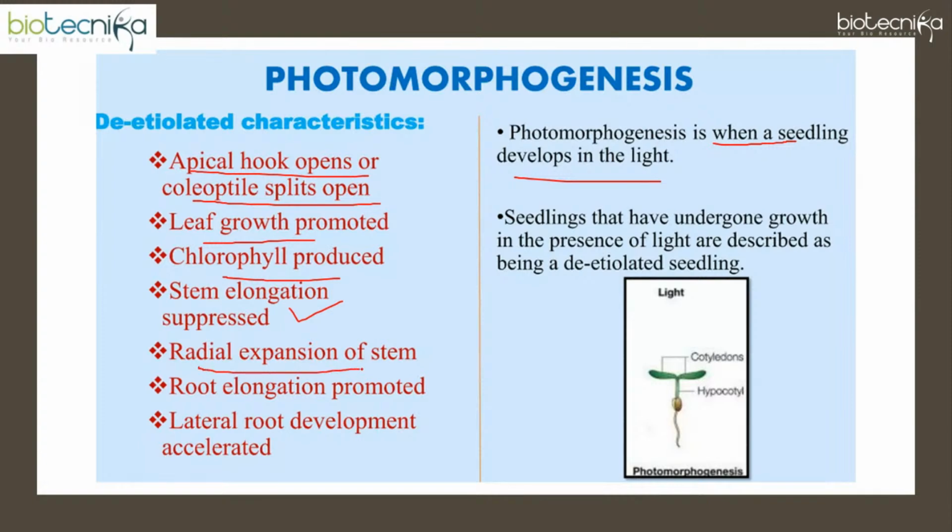Radial expansion of the stem takes place, root elongation takes place, and lateral root development takes place. So, these are the features of a de-etiolated plant, or I can say light responding plants.